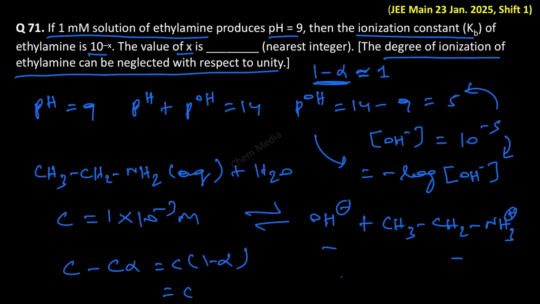On the product side, it would be C alpha, and we know that the concentration of OH minus is 10 to the power minus 5. So the concentration of ethyl ammonium ion should also be taken as 10 to the power minus 5.